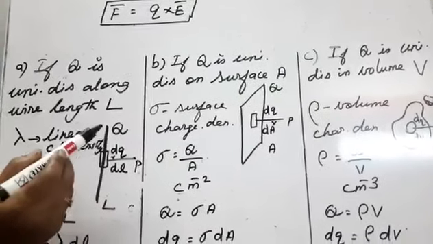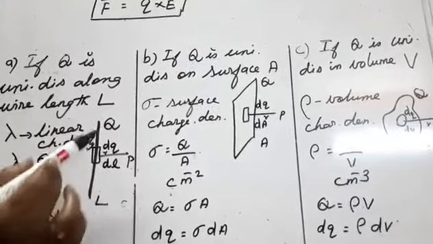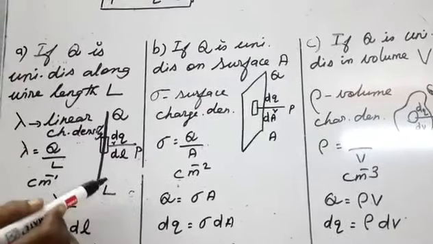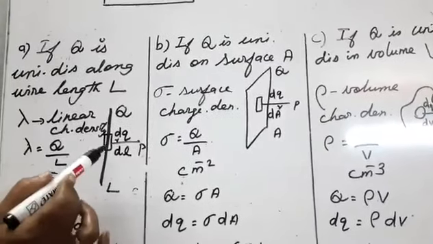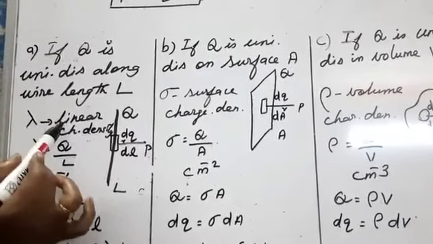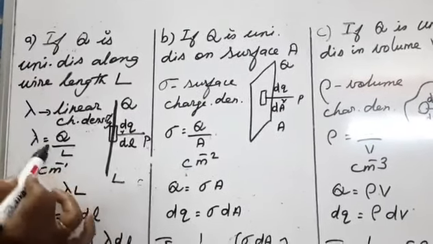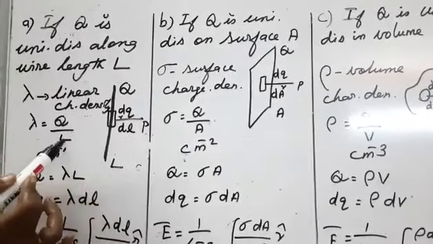Suppose we take a lengthy wire of charge Q and length L. Now here we take lambda, known as the linear charge density. Therefore lambda equals Q by L.